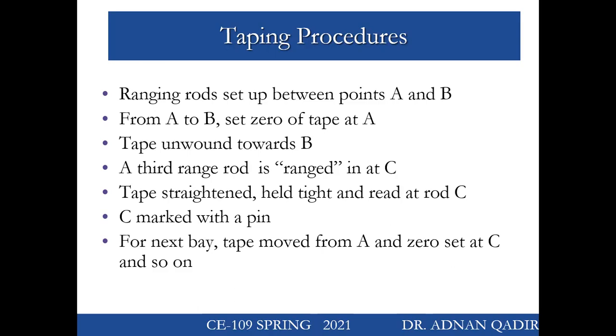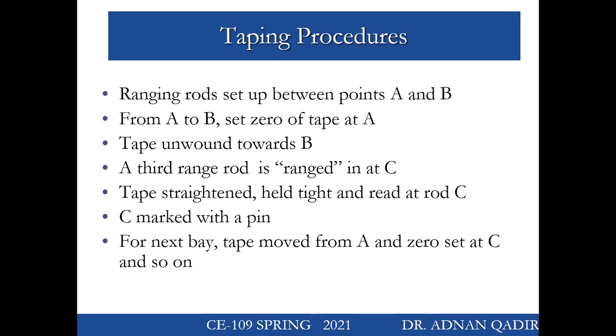And you read the ranging rod at C as well. Once you use it, you mark a pin or insert a peg at that point, and then you move on further. So for the next leg, the tape moves from point A, and 0 is set at C, and so on.